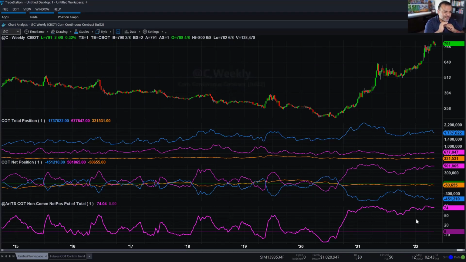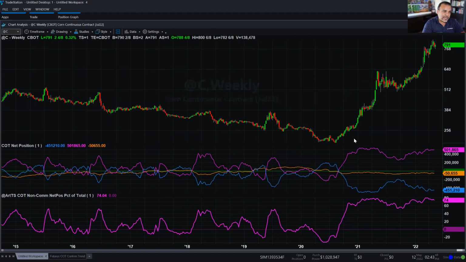In addition to this study, we also want to take a look at the trend of any net positions. When you look at the net position of the non-commercials, let's go back to this number, the net position. Let me take out the total positions. Sometimes when I have way too many lines, it just gets confusing. When you see the net position of 501,000 contracts, that's good and dandy, right?